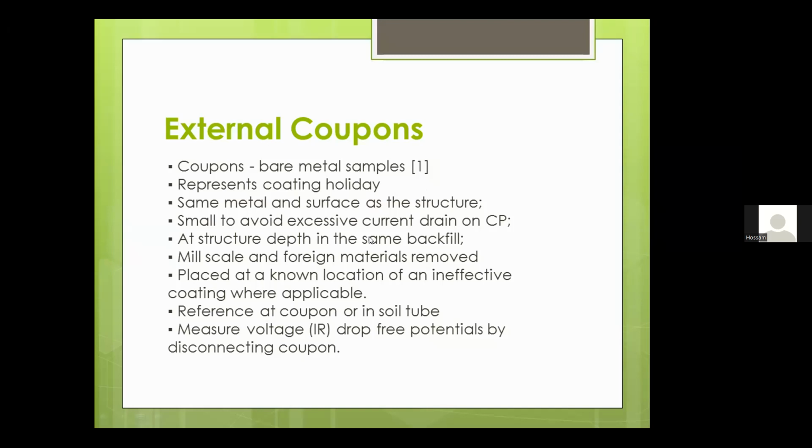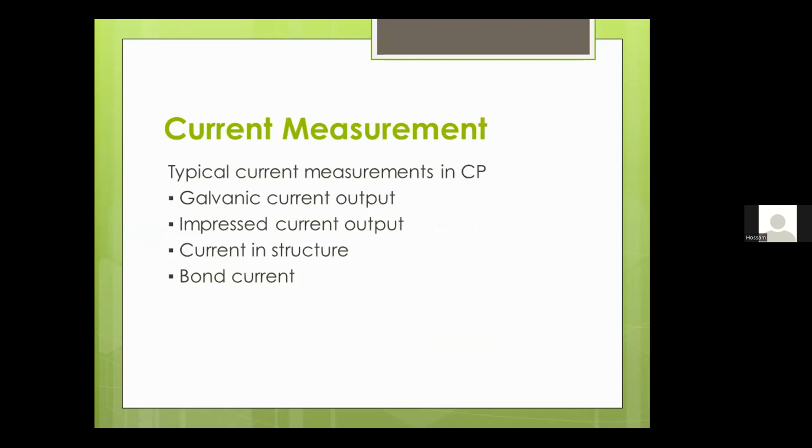We can put a reference electrode at the coupon or in a soil tube. We can measure the voltage drop free potentials by disconnecting the coupon without the need to install a current interrupter. This is the advantage of the coupon.